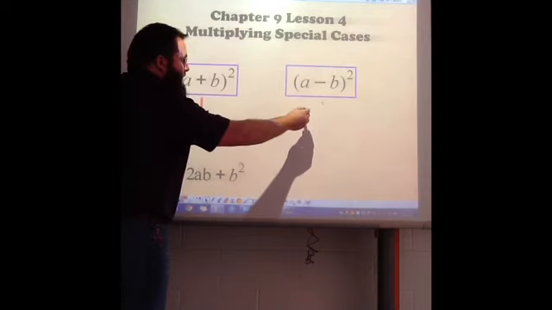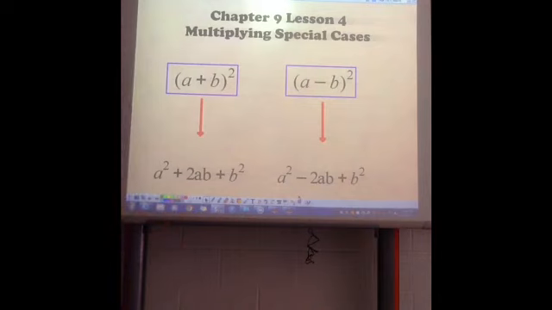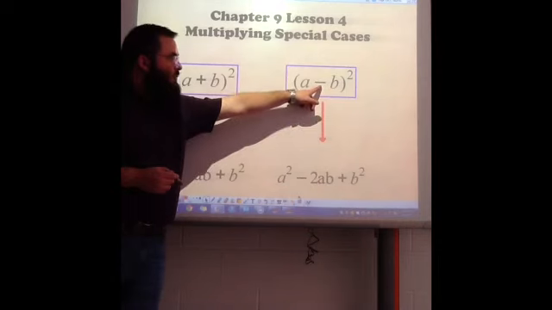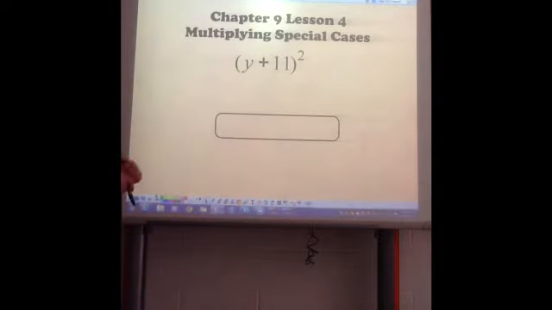If you have a minus b squared, that would take you to a squared minus 2ab plus b squared. Notice that if it's an addition problem, you're adding 2ab. If you have subtraction, you're going to be subtracting 2ab. So let's see how it works in this case.